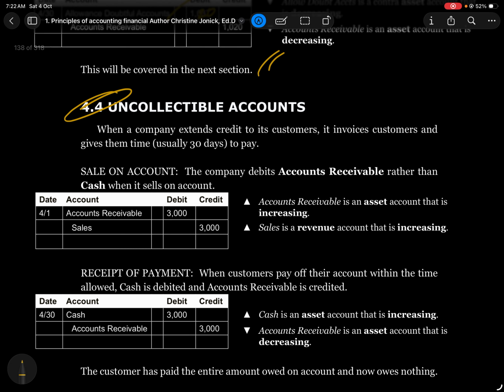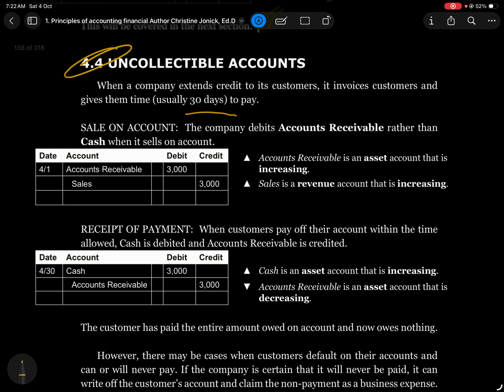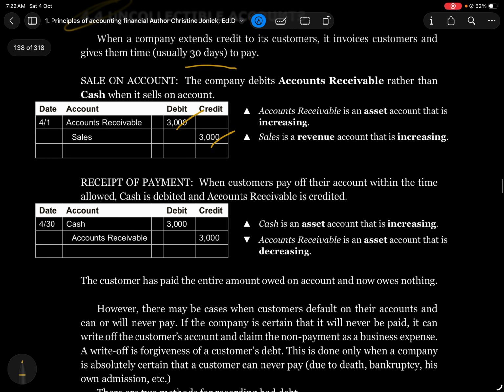And next is regarding uncollectible accounts. A company extends credit to customers and gives them 30-day payment terms. So of course when we sell 3,000, it's accounts receivable and sale 3,000. And when we receive payment, it's debit cash, credit accounts receivable.